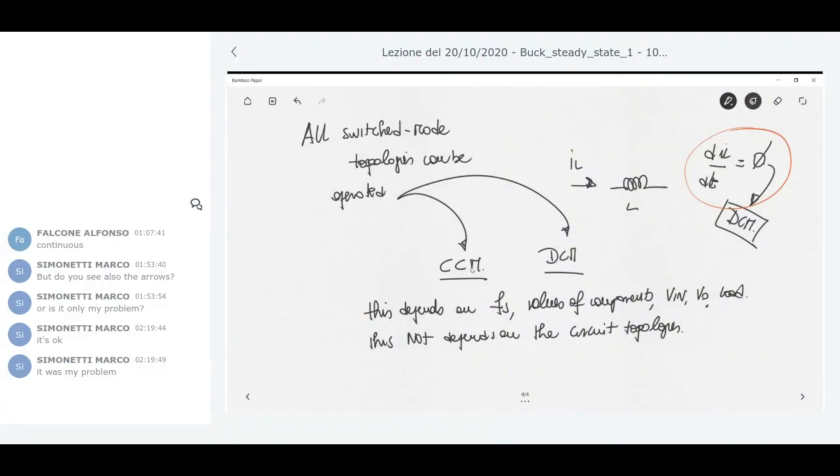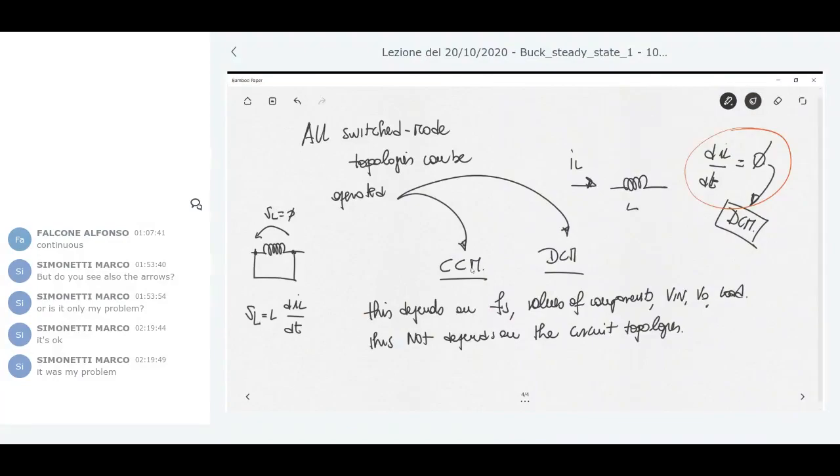But this is not always the case. For example, if you have an inductor, the same inductor as before, the same inductor which is included in the converter, and then you short this inductor, okay, what happens? The voltage across the inductor is null. And you have to remember the relationship between the current flowing through the inductor and the voltage of the inductor.